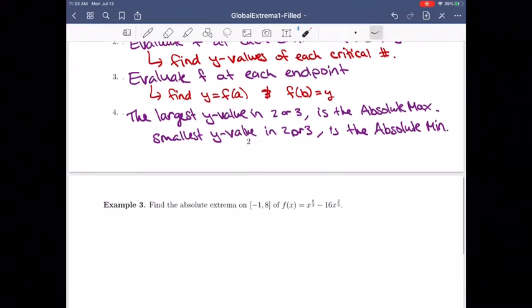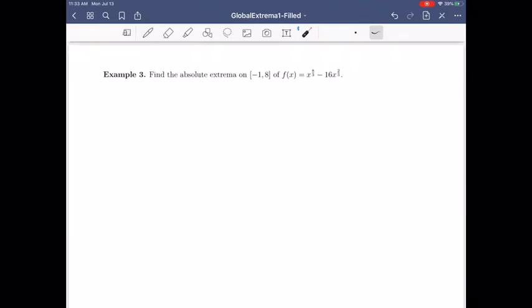Okay, so let's do an example. We have our interval from -1 to 8, and our function is x to the 8/3 minus 16x to the 2/3. The first thing we want to do is make sure that it's continuous. So we want to think about the domain.